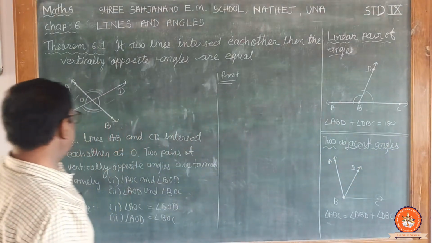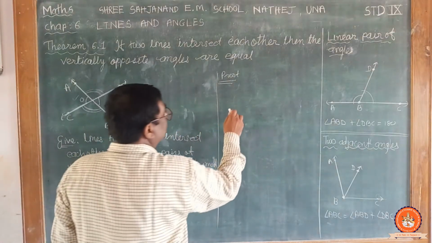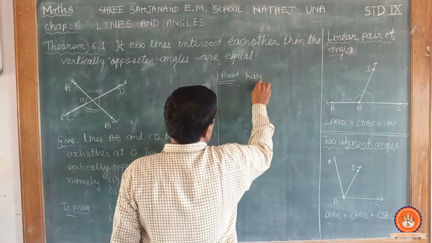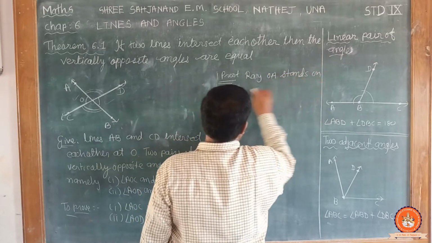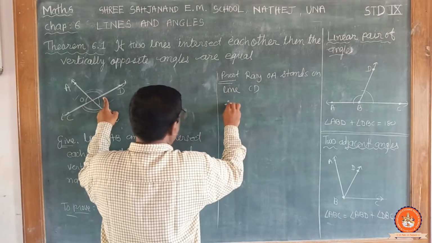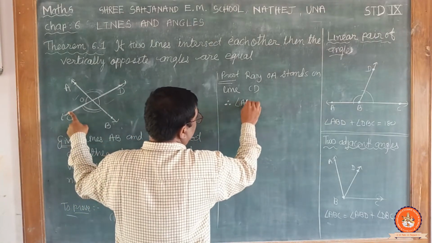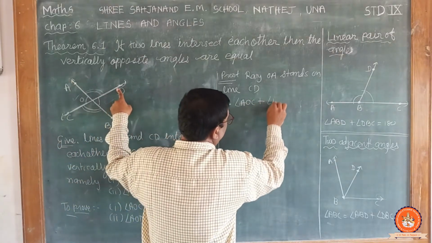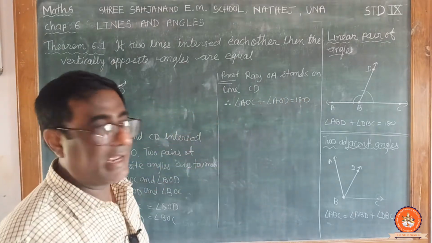Similarly, ray OA stands on line CD, and therefore angle AOC plus angle AOD is equal to 180.